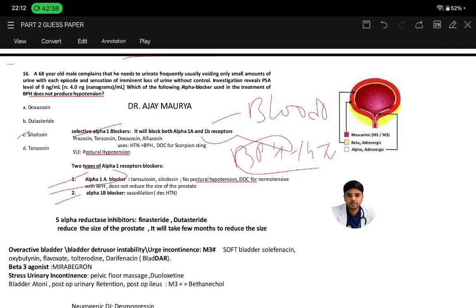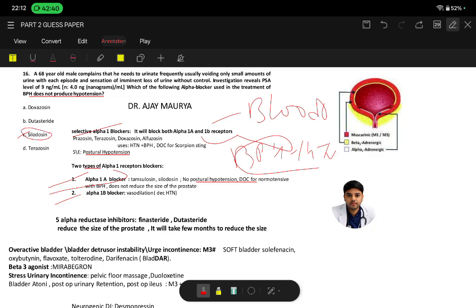Got it? So the answer should be here tamsulosin. Hope it is clear. Also remember 5 alpha reductase inhibitors, example finasteride, dutasteride. So you have to give the tamsulosin plus finasteride or dutasteride. You have to give the combination.